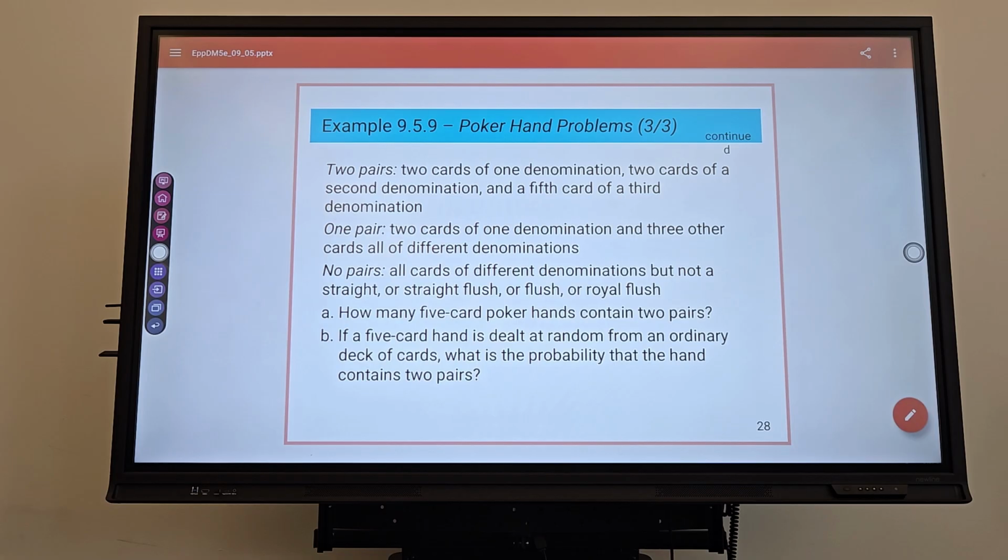How many 5-card poker hands contain 2 pairs? If a 5-card hand is dealt at random from an ordinary deck of cards, what is the probability that the hand contains 2 pairs?